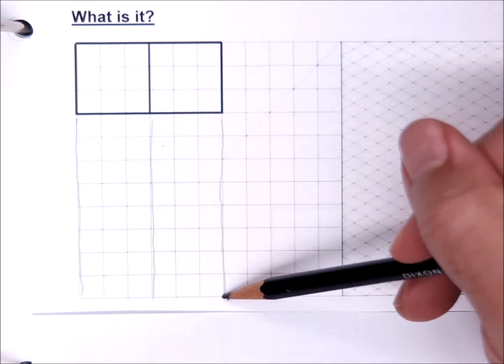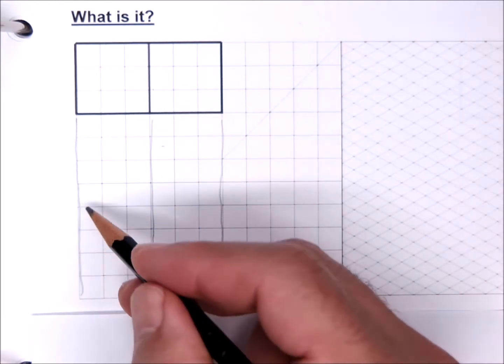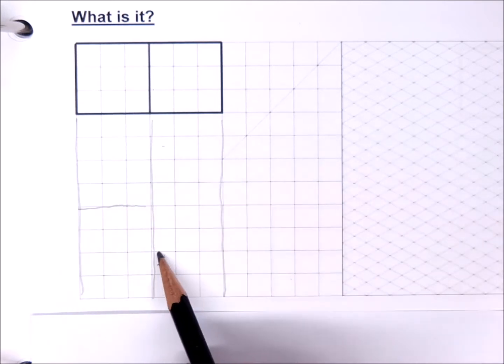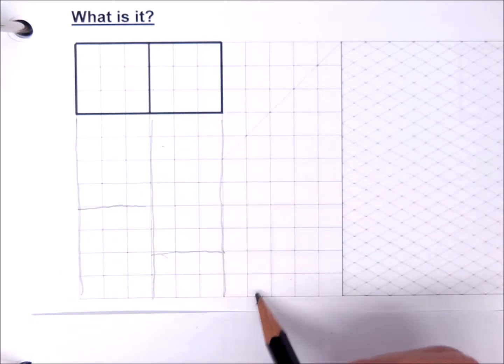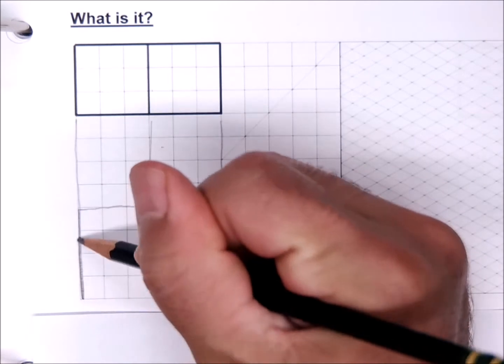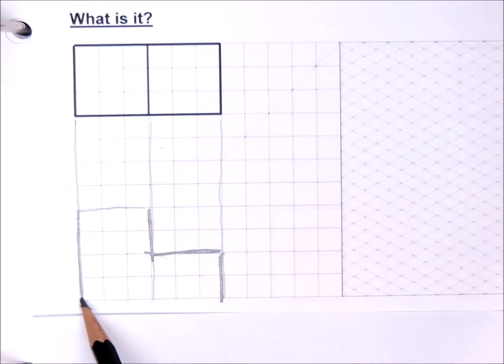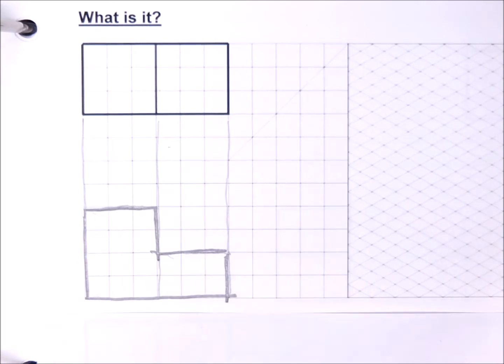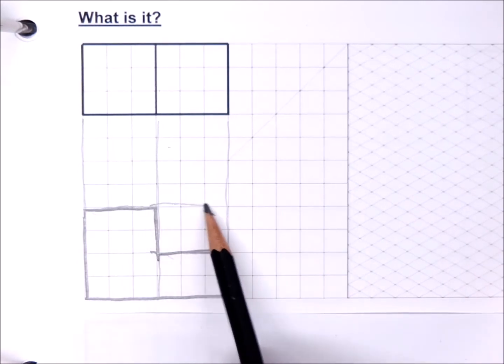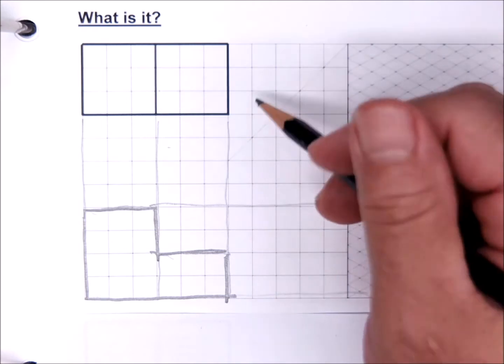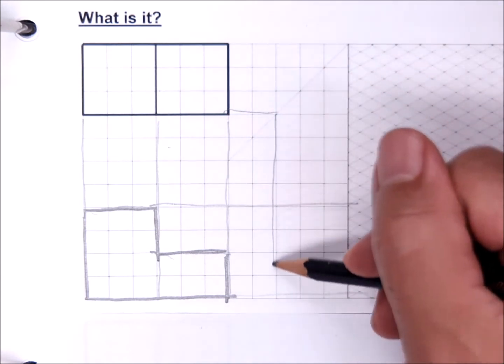I'll work with the corners I have. And then over here, I'll visualize something. And then I'll bring that to the side view. I'll go over and down.